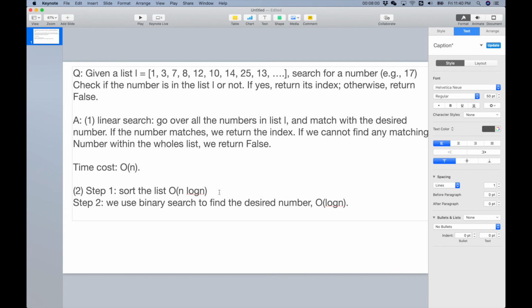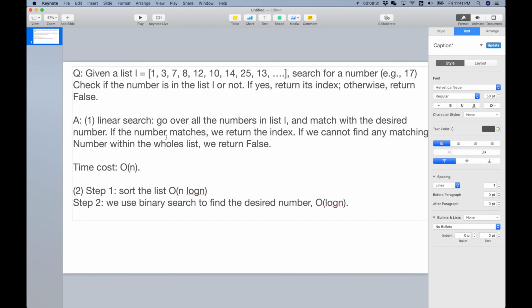This time cost for sorting is acceptable if we have many different searches. If so, this second solution will be a better solution than the first one, because the time cost on search will be much lower. We just need to sort the list once, and we can do binary search for different numbers many times. Therefore, the second one will be a better solution.